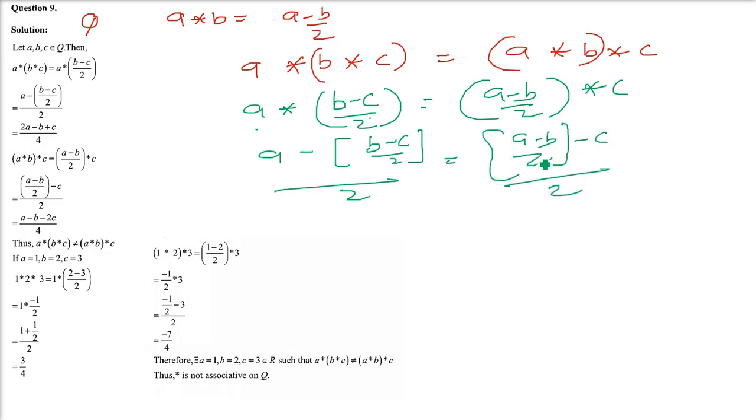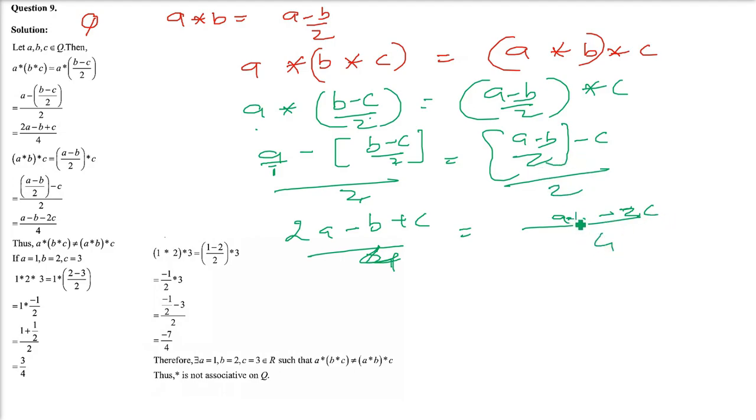What do you get here? 2A minus B plus C divided by 2, which was already there, 2 times 2 is 4 you will get. So 2A minus B plus C divided by 4 equals, and here we have A minus B minus 2C divided by 4.